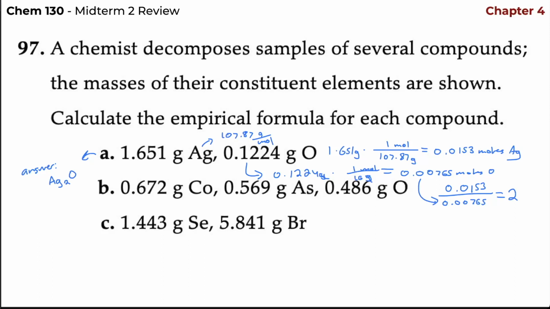We're going to do the same thing, and let me write this down here so it's a little bit neater. 0.672 grams of, I think this would be cobalt, right?